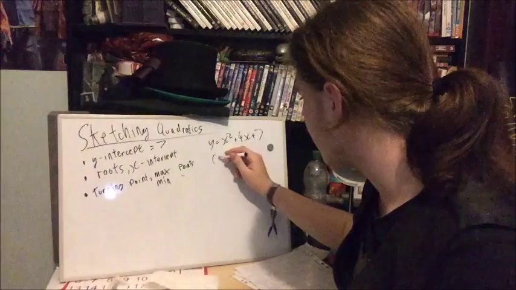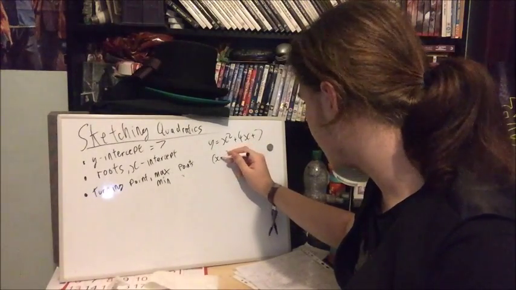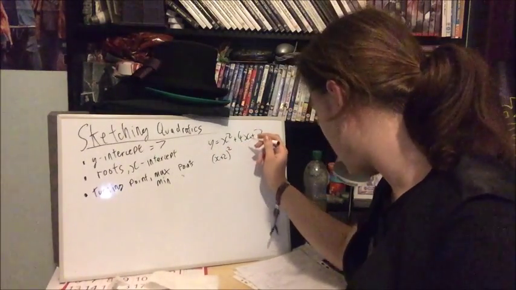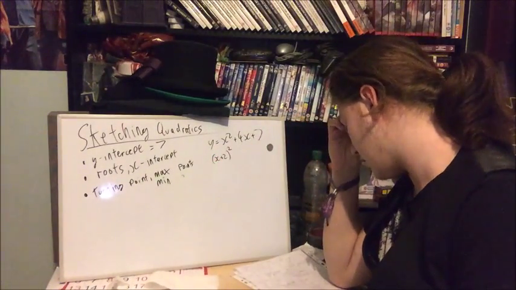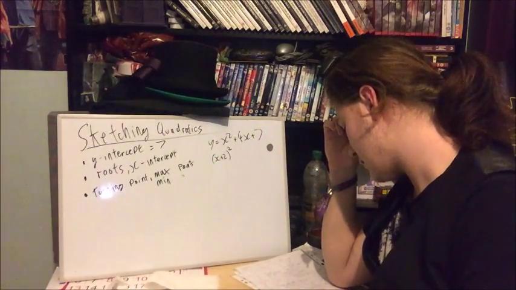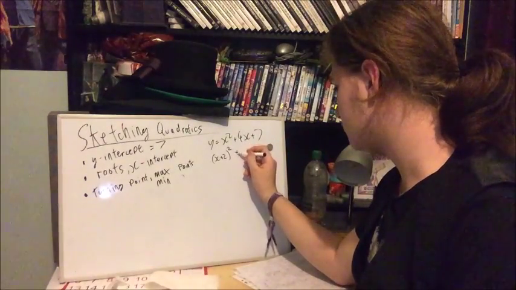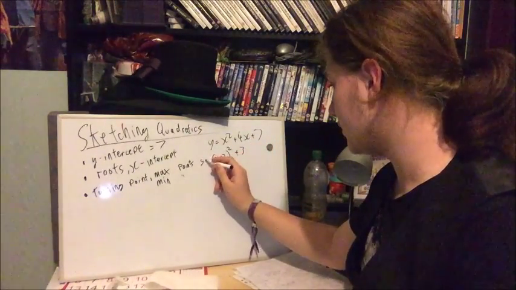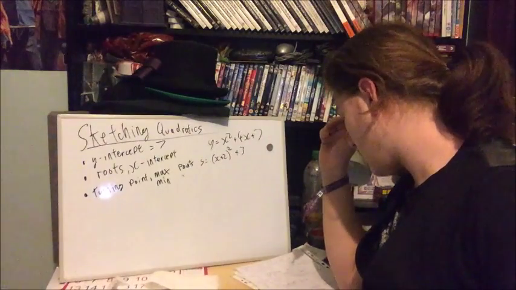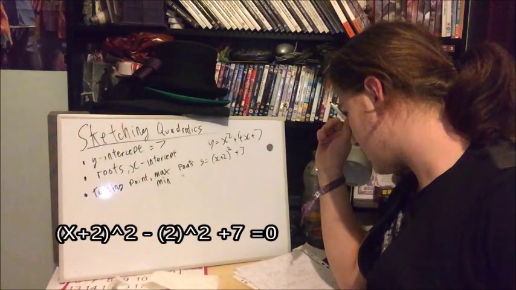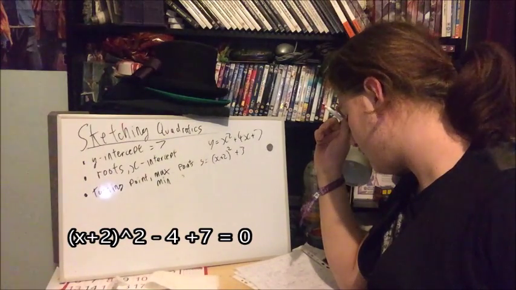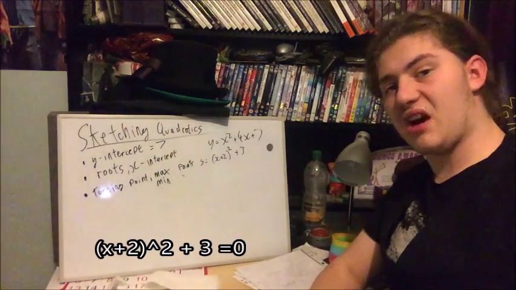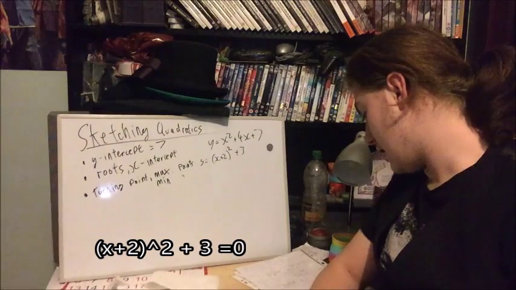But basically, we do (x plus 2) squared plus 3. That's what y is equal to. I forget why, but that's just it.